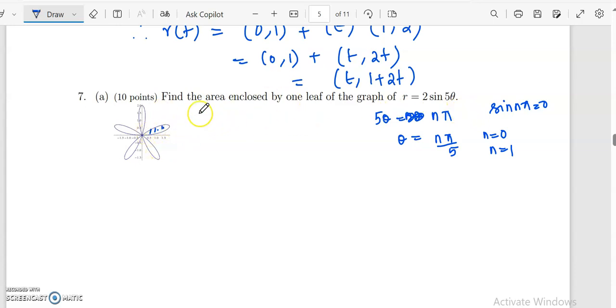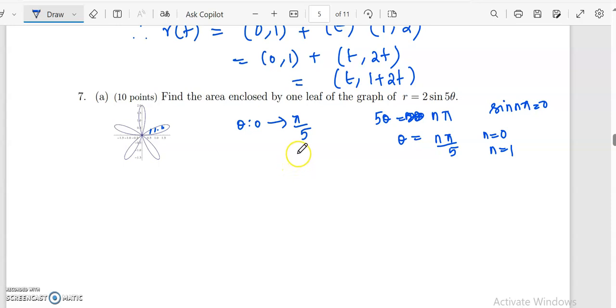So in the first leaf, theta will be varying from 0 to pi by 5. When theta is 0, we have sine 0, which is 0. And when theta equal to pi by 5, we have sine of 5 into pi by 5, which is sine pi, so that will be 0.